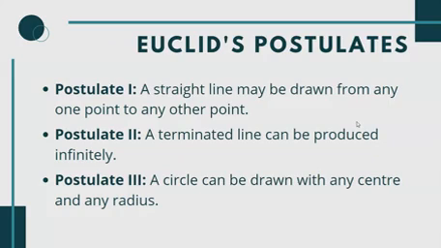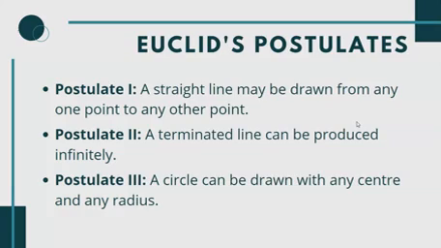Euclid's postulates. A postulate is an assumption that needs no explanation. For example, through any two points there is exactly one line, or a line contains at least 2 points. Euclid's postulates were: postulate number 1: a straight line may be drawn from any one point to any other point.